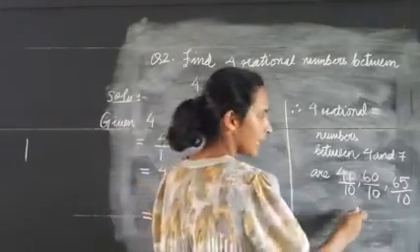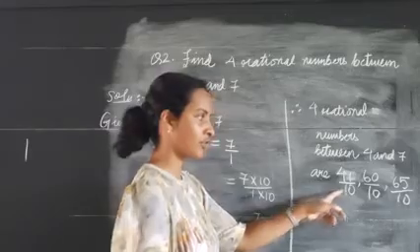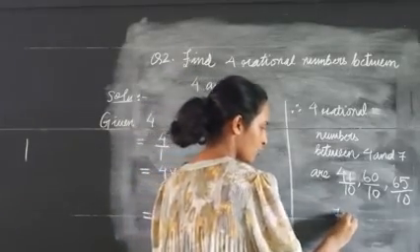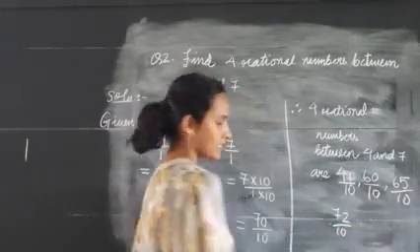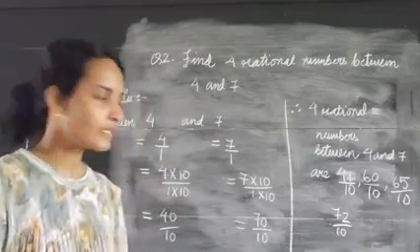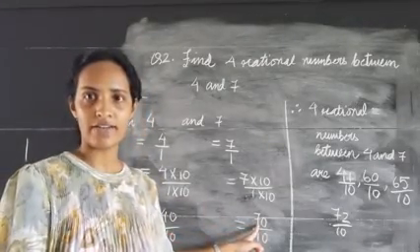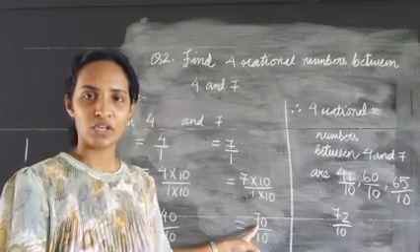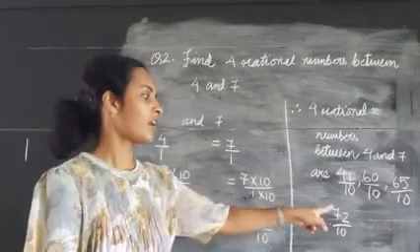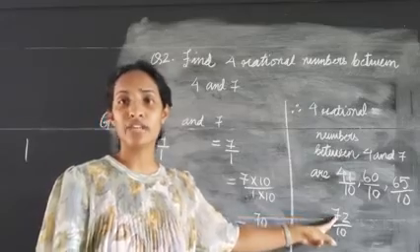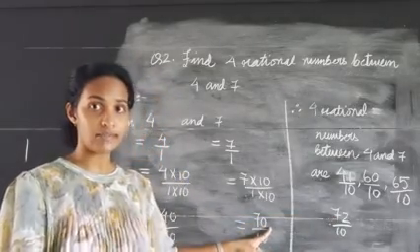Now next, I need 4 rational numbers, so I have got 3 already. Now can I take 72 by 10? Yes, I can take 72 by 10. Why? Because 72 lies between 40 and 70. Is that right? Please jog your memory. No. Look here, 72 is greater than 70. Can I take 72?